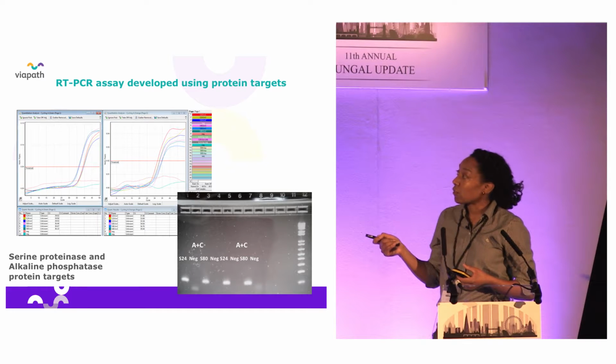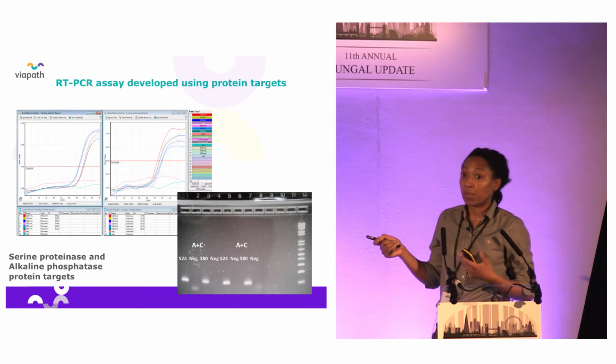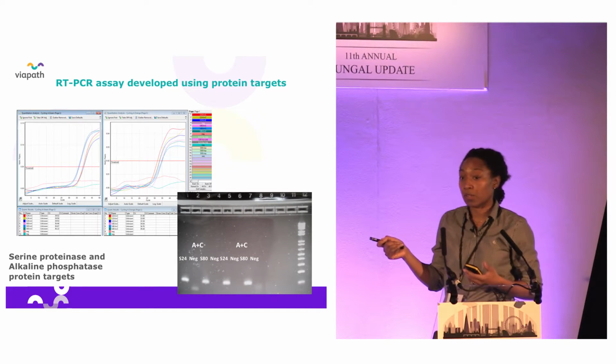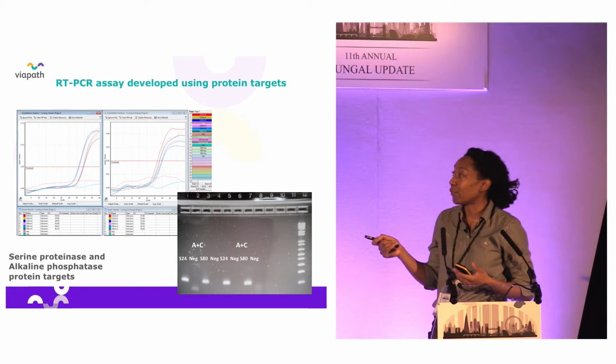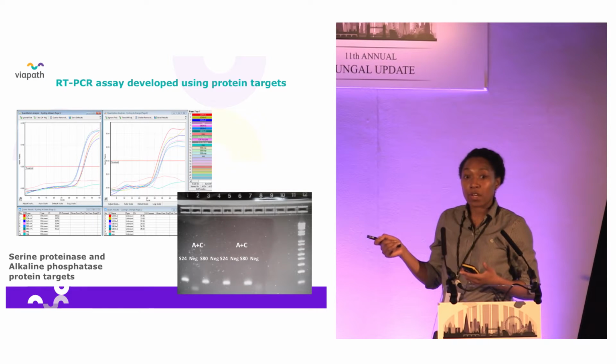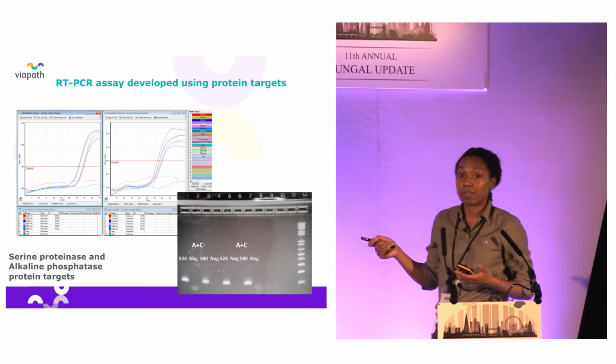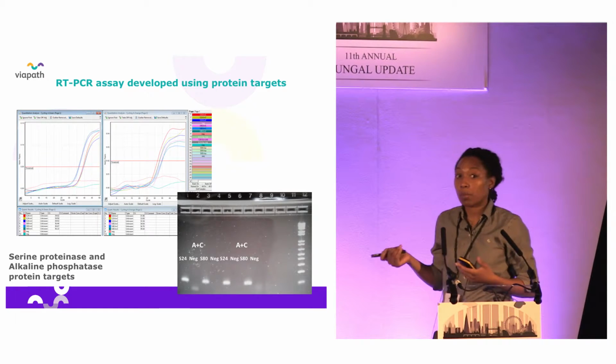This is the threshold level, and when this trace crosses that threshold, we can calculate the cycle threshold value, the CT value. A lower CT value indicates a higher amount of RNA present, and vice versa, a higher CT value indicates a lower amount of RNA present.